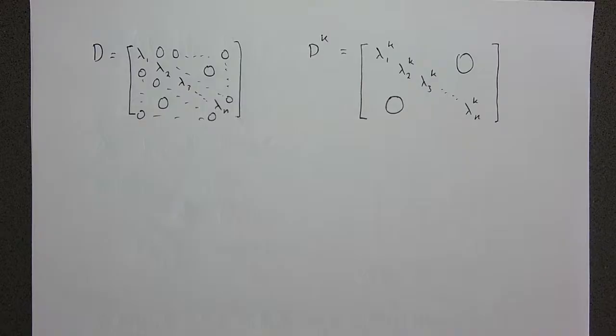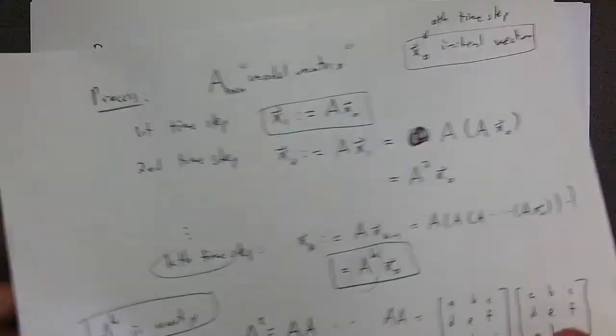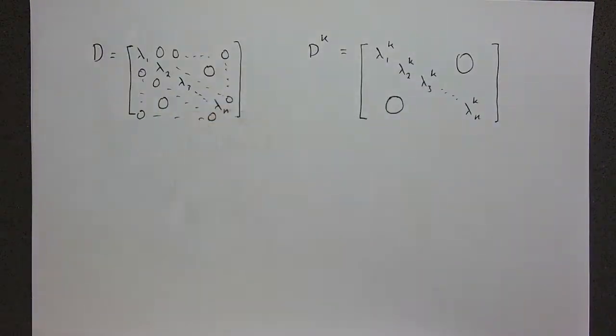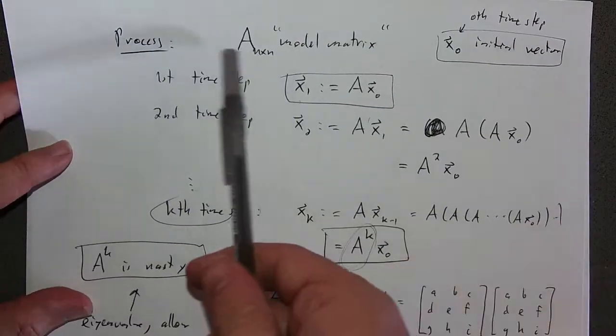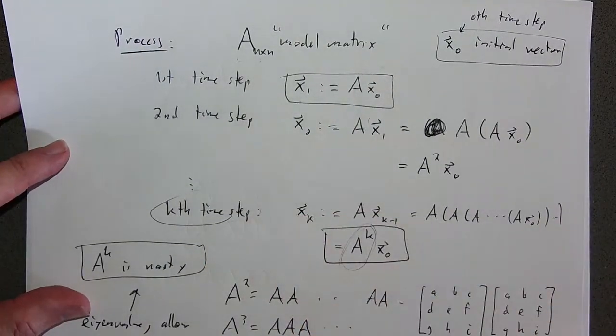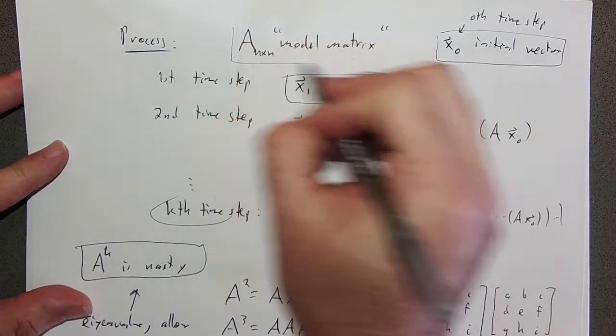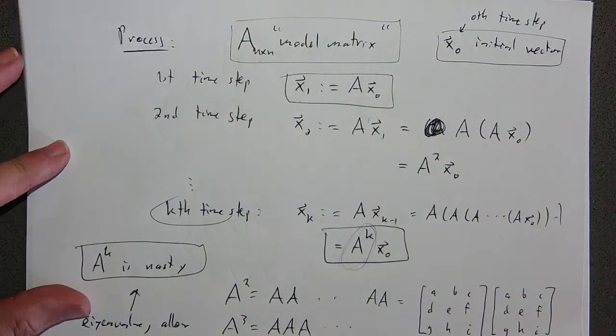Now, the problem, of course, is that going back to this original statement, that's nice that diagonal matrices are easy to raise to powers, but the model matrix that I started with came to me as a means of modeling some process, right? So this is not necessarily a thing I have much of a choice in.